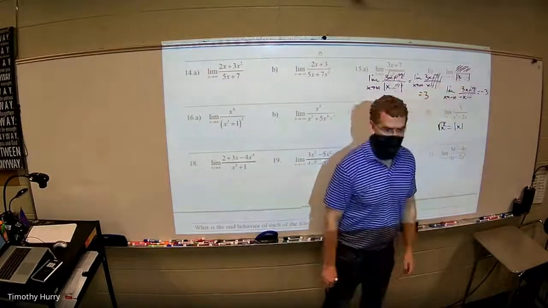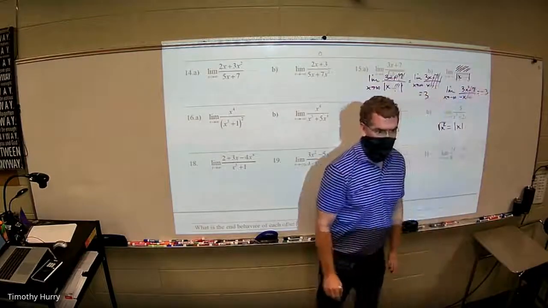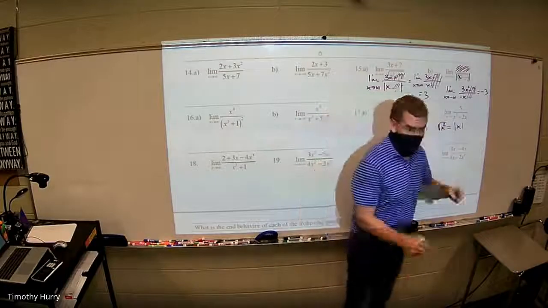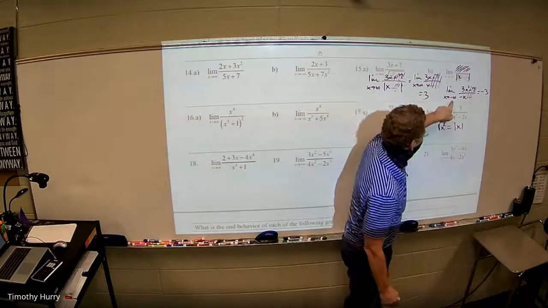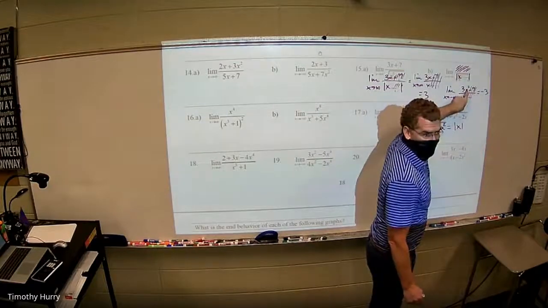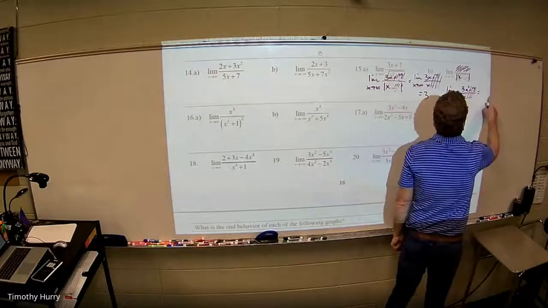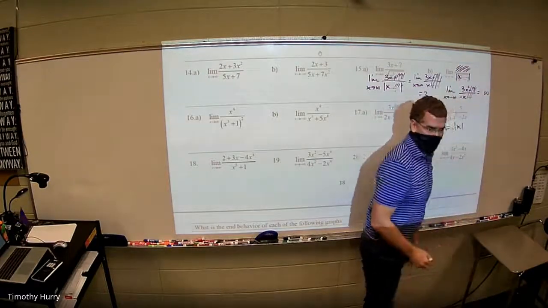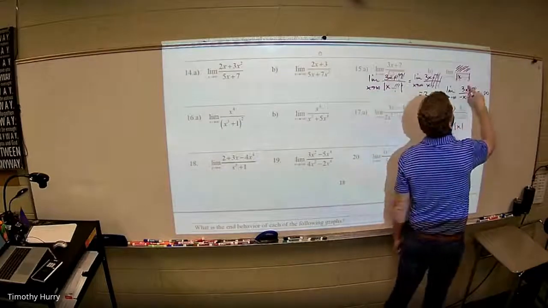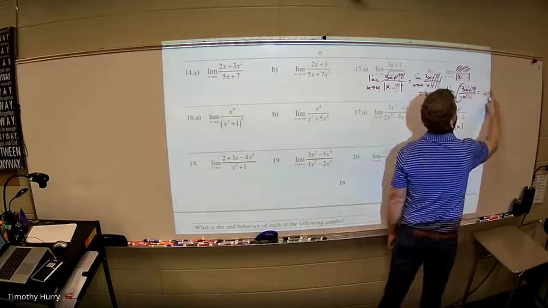The coefficients. Now, had this ended up being this, then I would have cleaned it up just like we did, and I would have said, okay, now I need to plug that negative in there. And when I plug that negative in there, I get +3 over a positive number. Okay, this must be going to positive infinity. But because these powers are the same, my rules are take the coefficients.